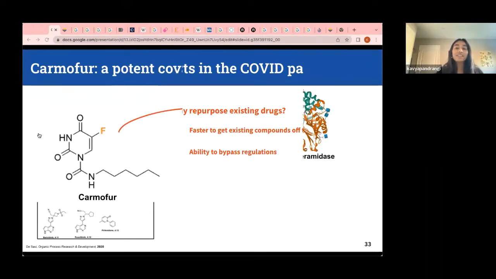So carmofur is a 5-fluorouracil derivative, and it is originally an anti-neoplastic agent that is an inhibitor of acid ceramidase, which is an enzyme that is dysregulated in many cancers.